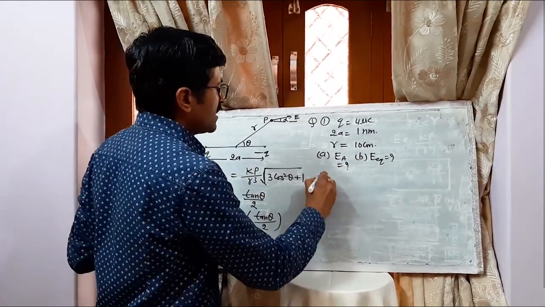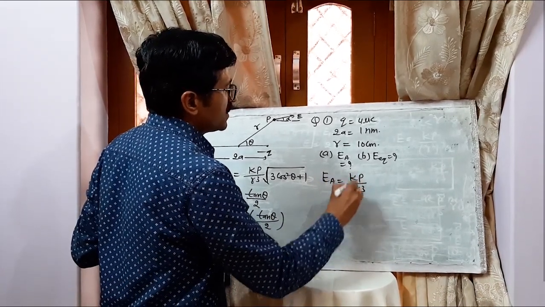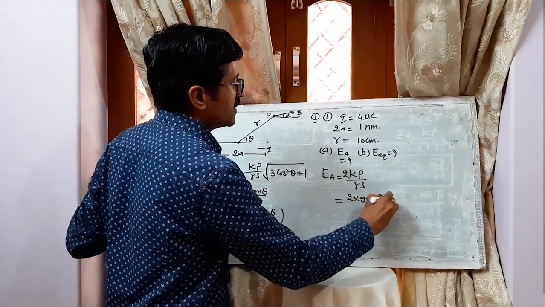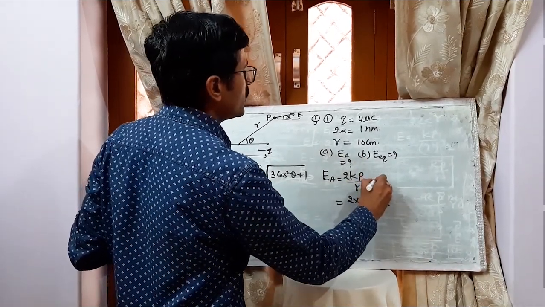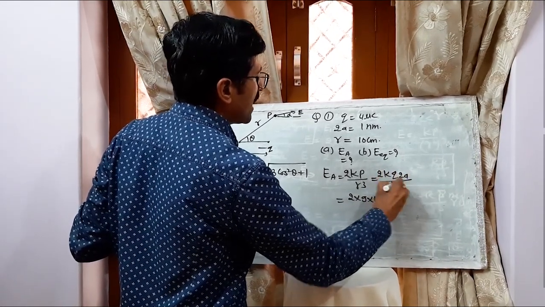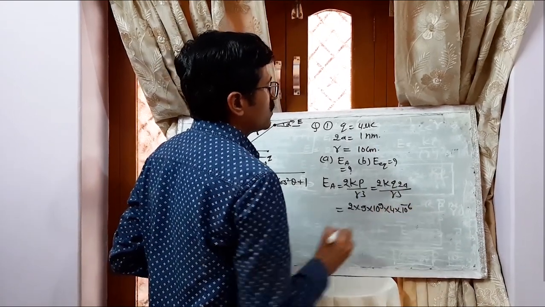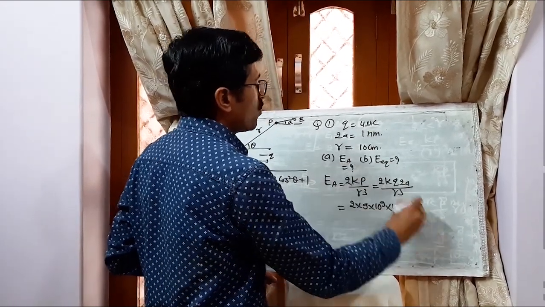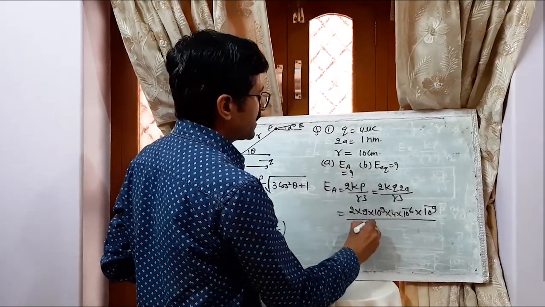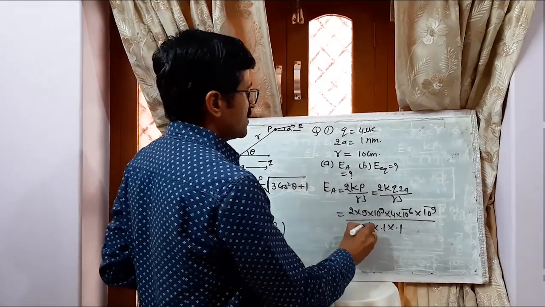You know the formula. E axis will be 2 Kp upon R cube. 2K is 9 into 10 to the power 9. P dipole moment is Q into 2A, so 2K into Q into 2A upon R cube. Charge is 4 microcoulomb, 4 into 10 to the minus 6. Separation is 1 nanometer, that is 10 to the minus 9, upon R cube, 10 centimeter, that is 0.1 into 0.1 into 0.1. Just solve this.